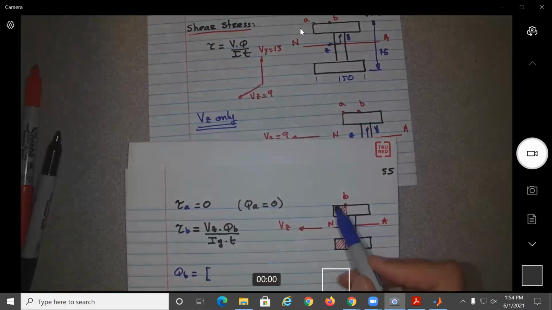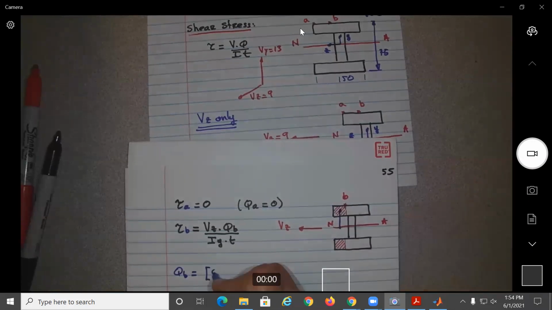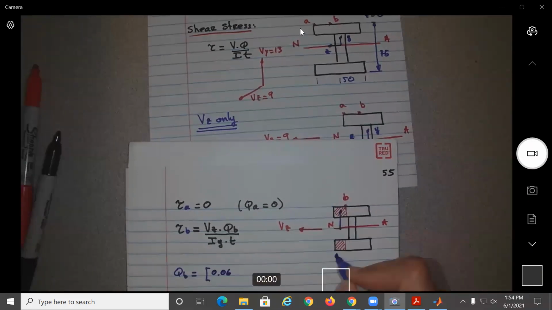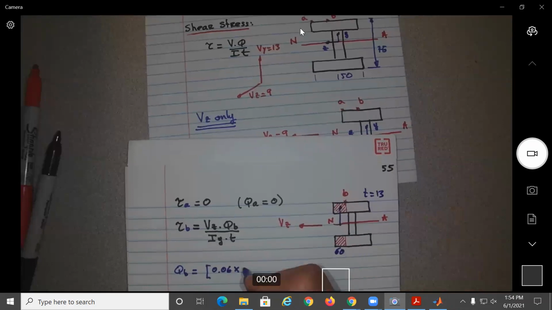What is that distance? From here to here, that was 60 millimeters. So it will be 0.06, is 60 millimeters here, times what is the thickness? 13. So times 0.013.